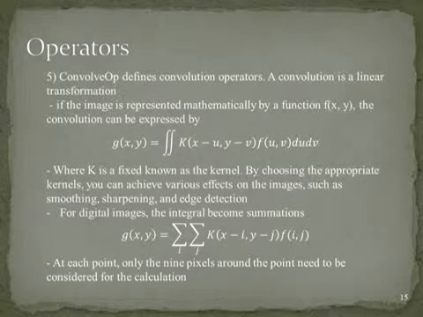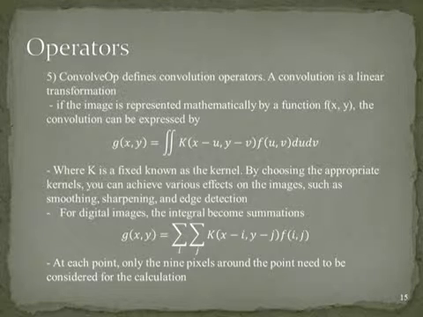So the double integral will become a double summation, where i goes along the rows of the entire image, and j goes along the columns of the entire image. At each point, only the 9 pixels around the point need to be considered for calculation.